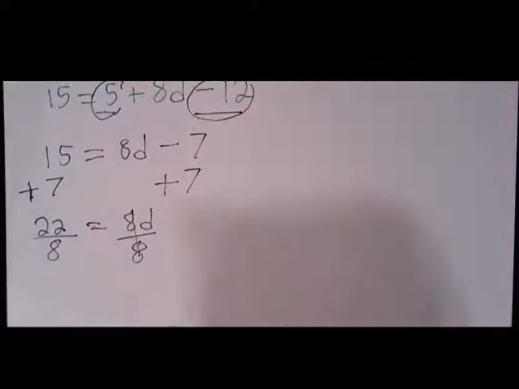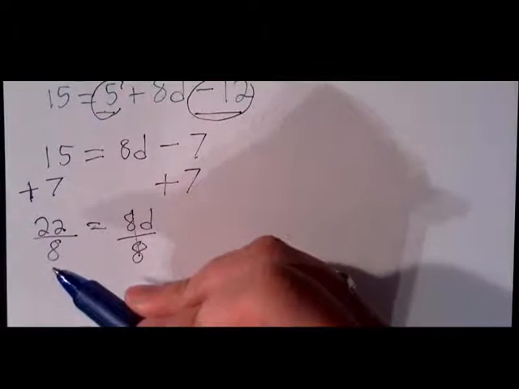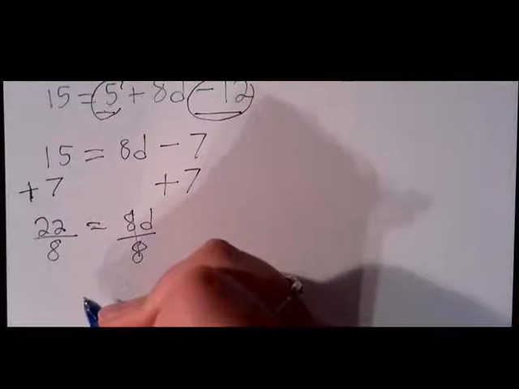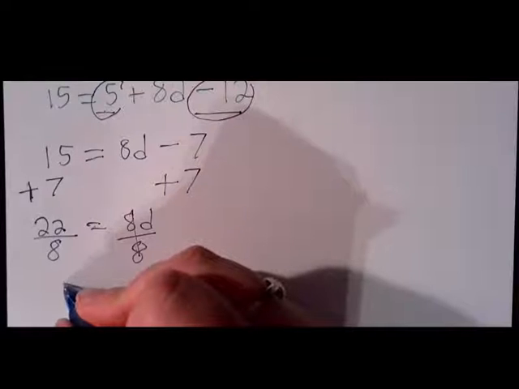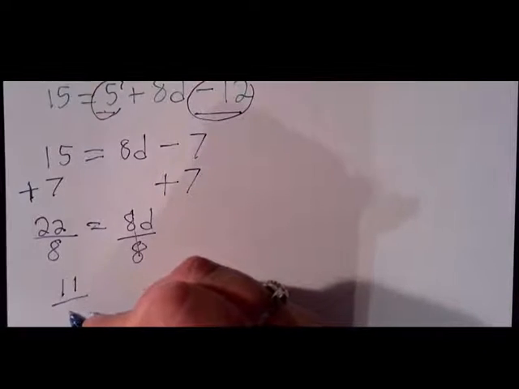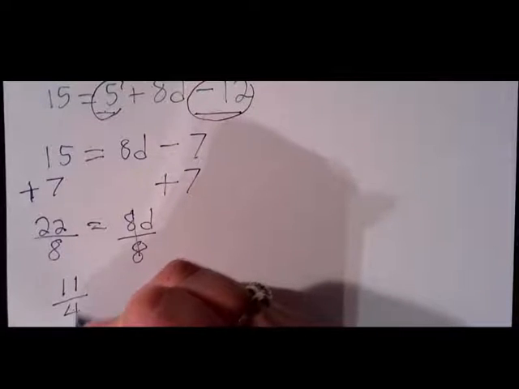Canceling it out there. 22 divided by 8, which gives me 11 over 4.